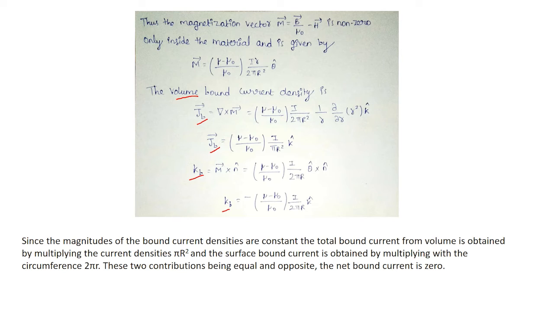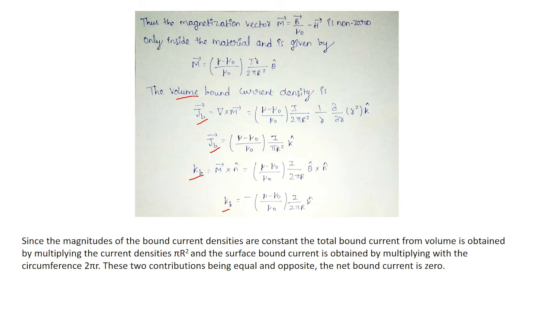Since the magnitudes of the bound current densities are constant, the total bound current from the volume is obtained by multiplying the current density by pi r squared, and the surface bound current is obtained by multiplying by the circumference 2 pi r.